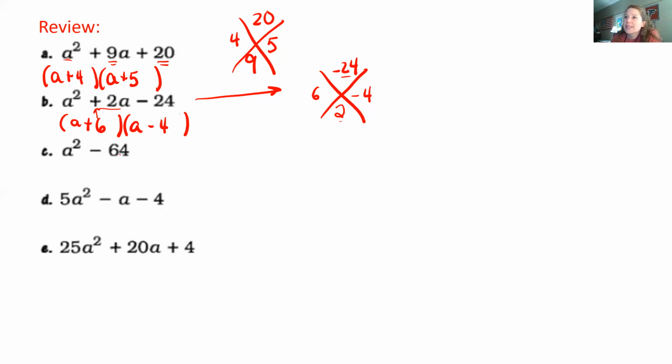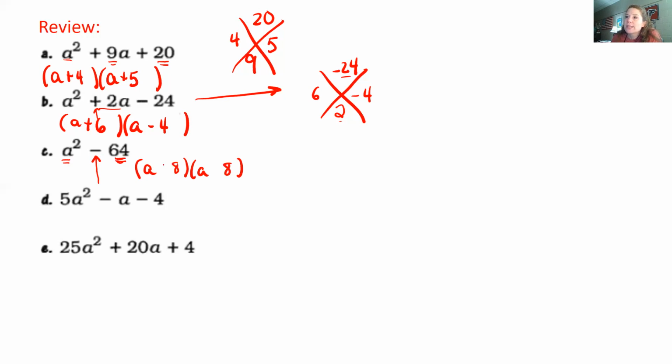All right, so letter C. This one's only a binomial, but this is a special situation, a special factor, because if you notice, both terms are perfect squares. When you have 2 perfect squares with a minus sign in between them, this only counts when it's a minus sign, you're going to find the square root of a squared, split it up, find the square root of 64, we get 8 and 8.